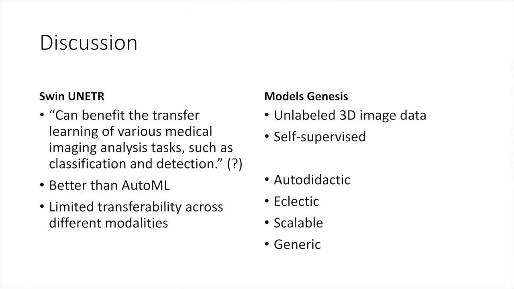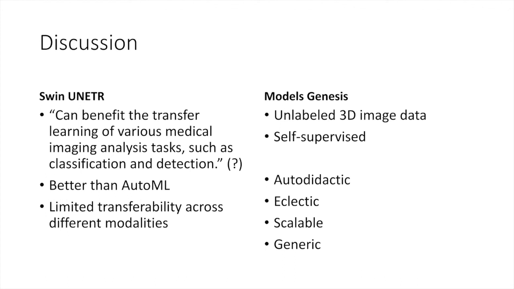To bring this presentation to an end, I would like to discuss the pros and cons of Swin UNETR and Models Genesis. The author of Swin UNETR in this article suggests that Swin UNETR, quote, can benefit the transfer learning of various medical imaging analysis tasks such as classification and detection, unquote.